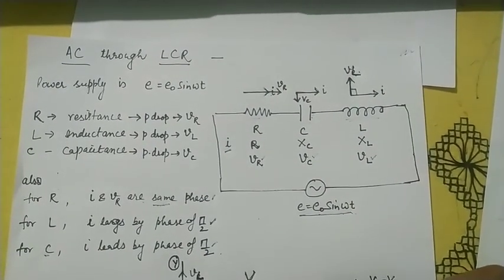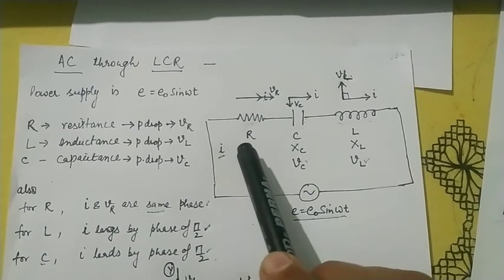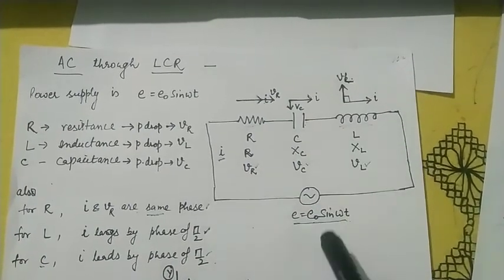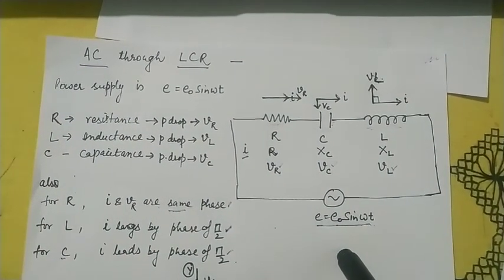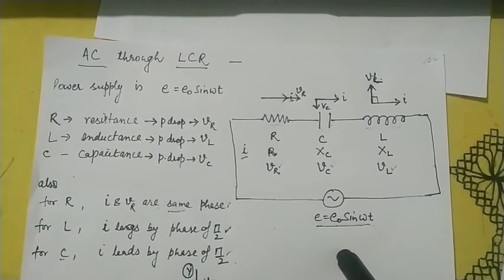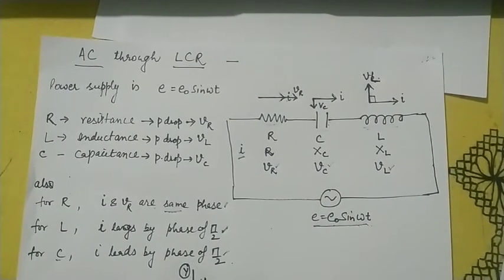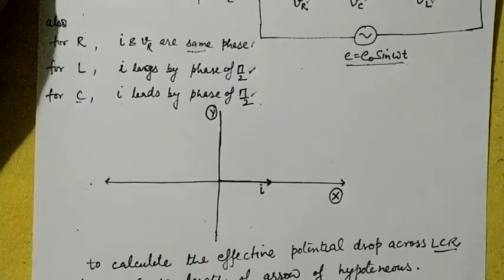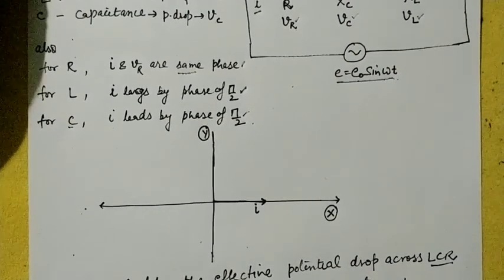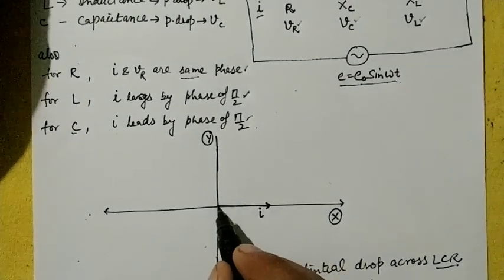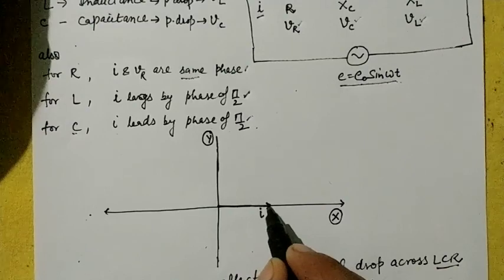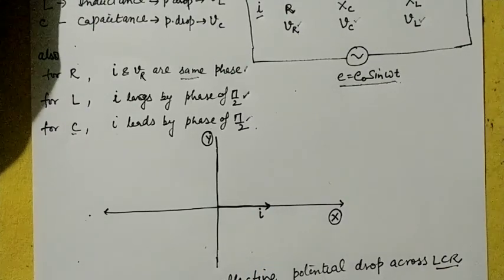So we have drawn the phasor diagrams individually across R, C and L. Now if we draw all of them together in one phasor diagram, let the current be along this direction at any instant.